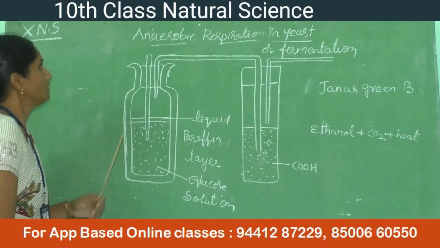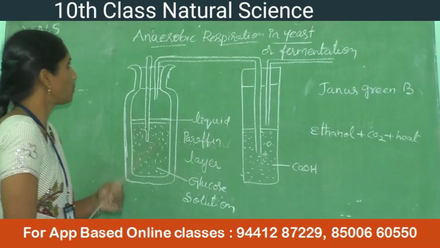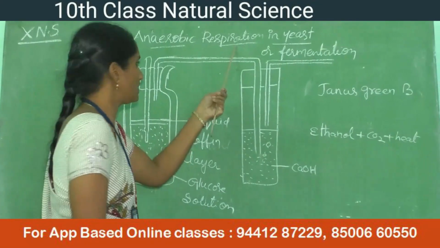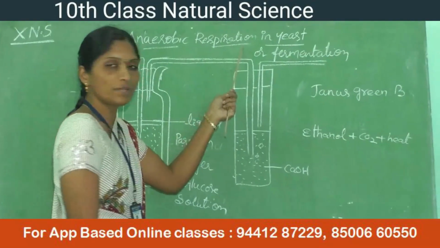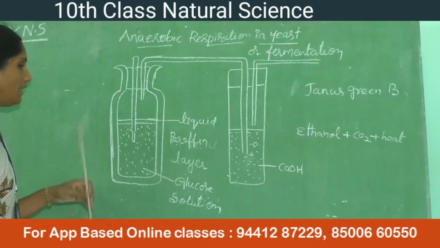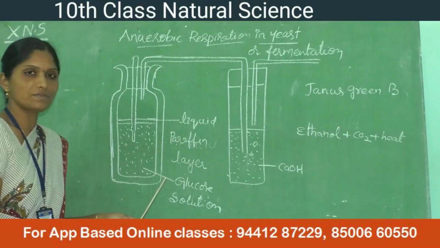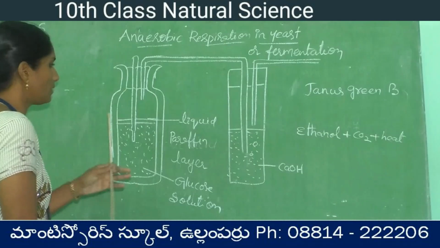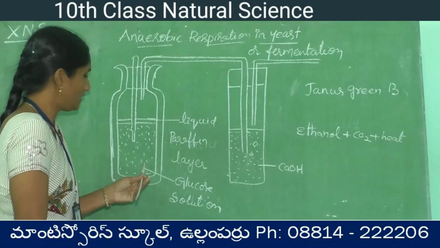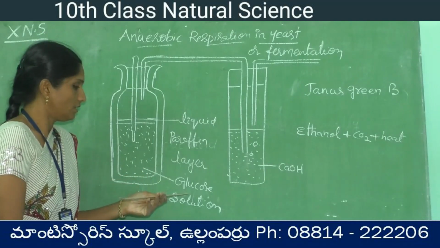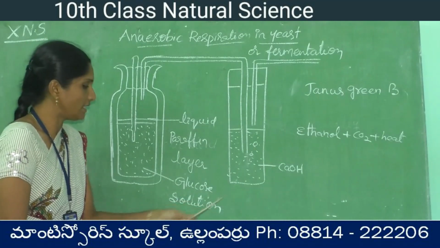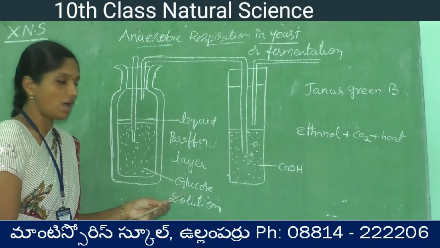And for example, we want to prove anaerobic respiration. What is the meaning of anaerobic respiration? Without oxygen. Any oxygen dissolved in the glucose solution must be removed from the glucose solution.